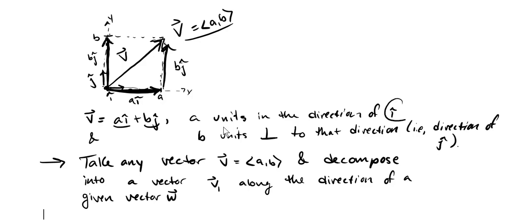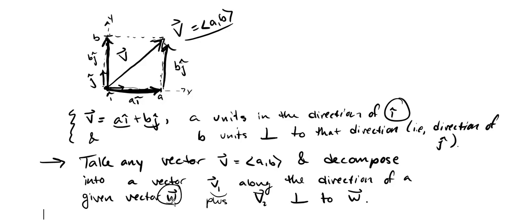Instead of along the direction of i, which is arbitrary, how do we do this for any vector? How do we break it up into some v1 vector in the direction of w, plus a v2 vector perpendicular to w? It's exactly what we do up here with our ai plus bj form of this vector v. We're just saying that the w vector I'm describing down here would be like the i vector.